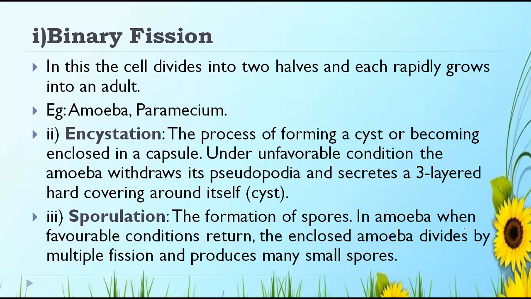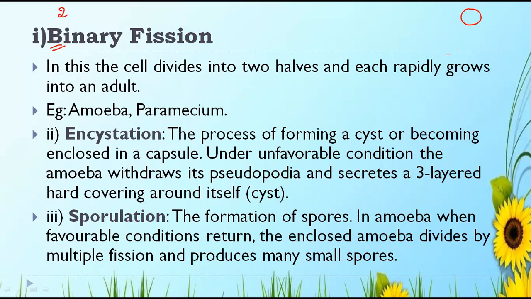Now coming to binary fission. What is binary fission? Bi in the sense two. This you all are aware. So what happens here? One cell gets divided into two. But there is a difference.